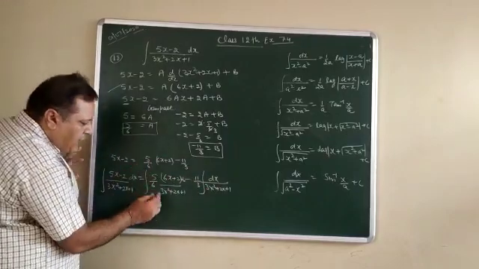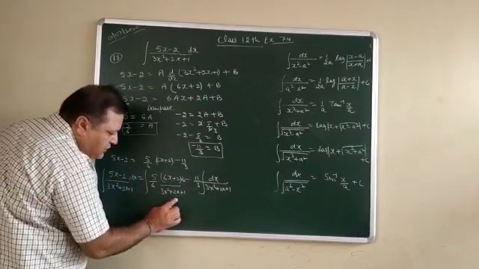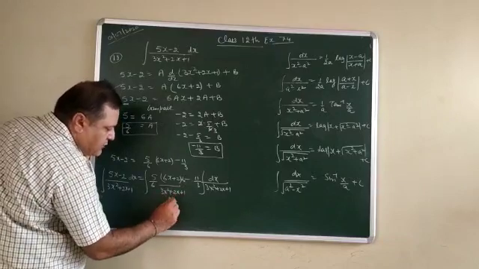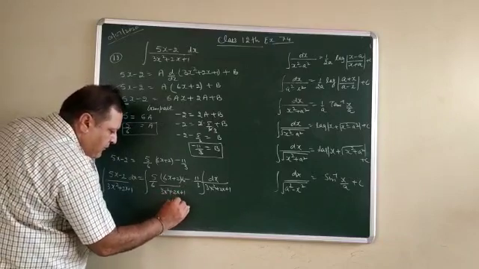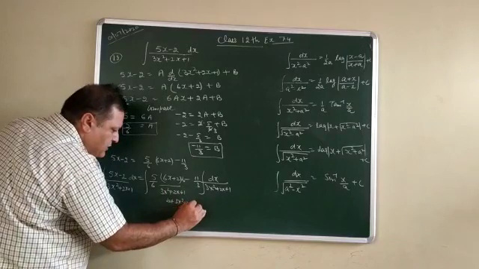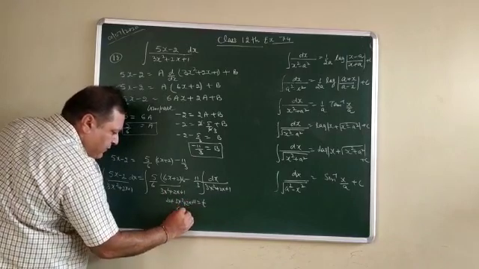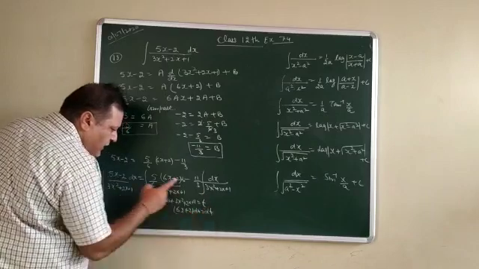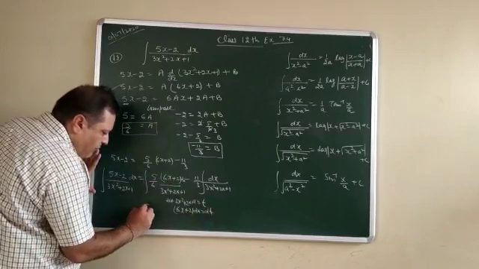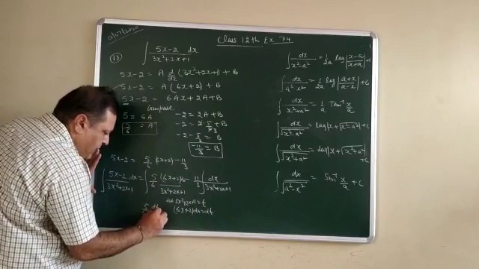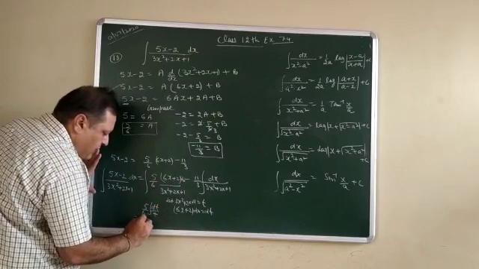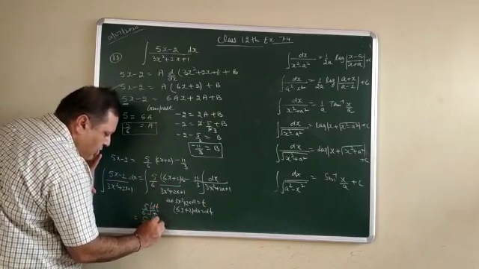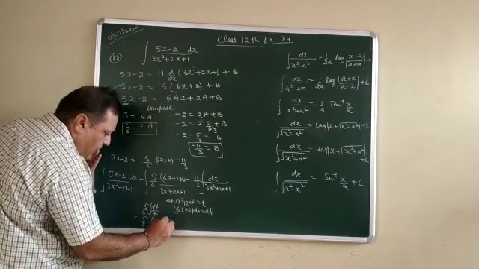Now see, for the first part we go for substitution. Let 3x square plus 2x plus 1 be equal to t. Then 6x plus 2 into dx is equal to dt. So it will become 5 by 6 dt upon t, that is 5 by 6 log of t.